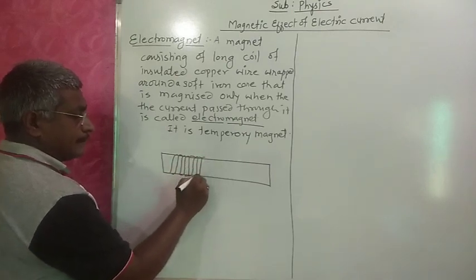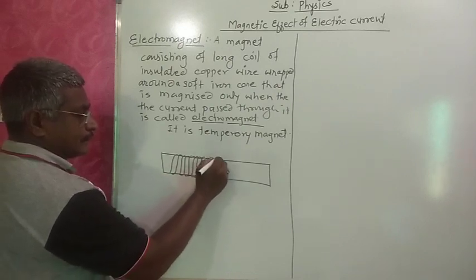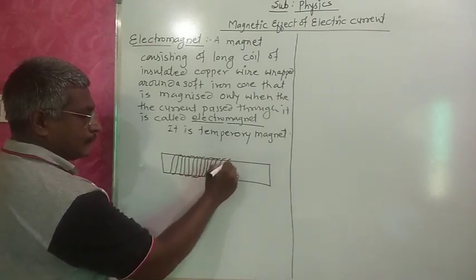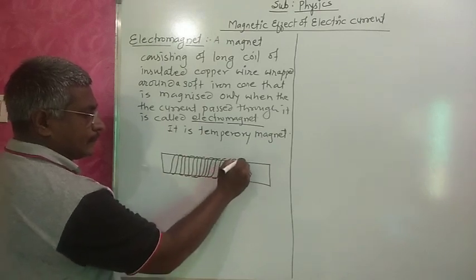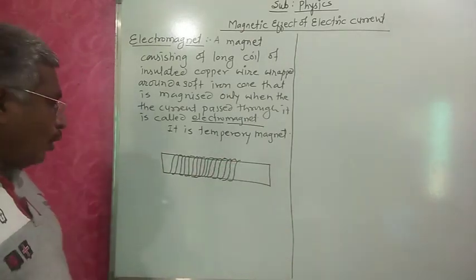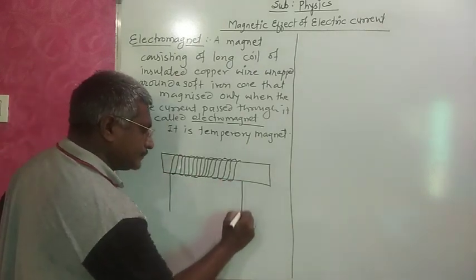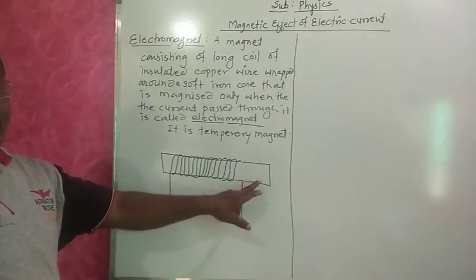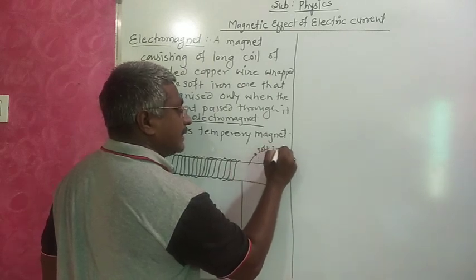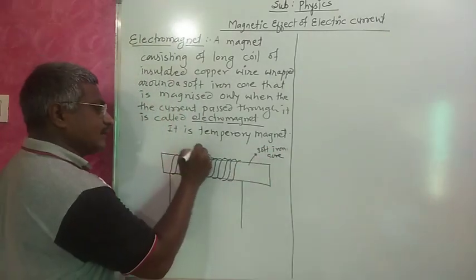This is the coil wrapped around a soft iron core, and this is the insulated copper wire.